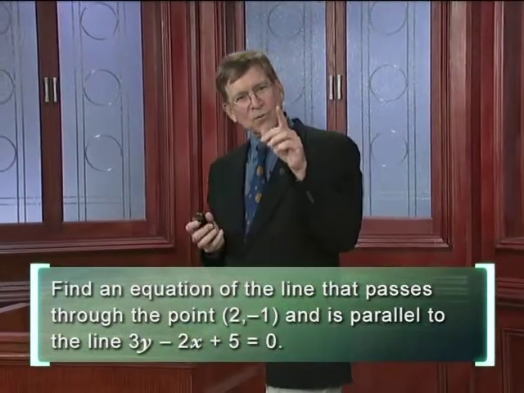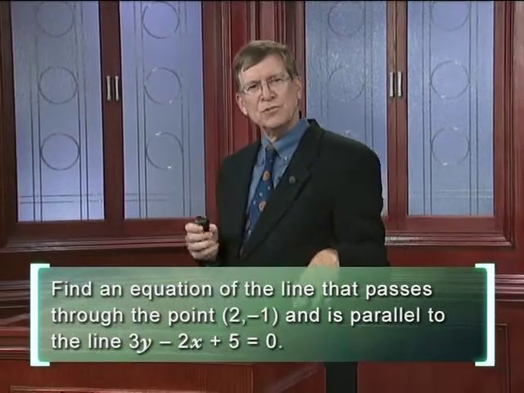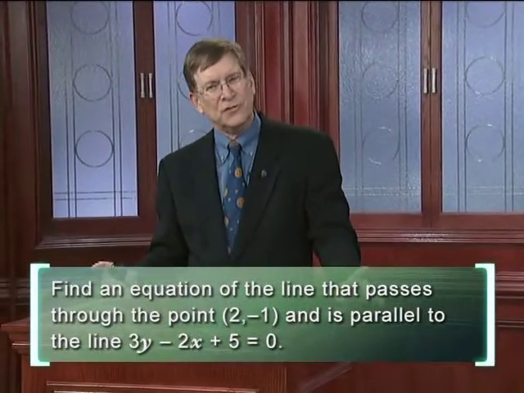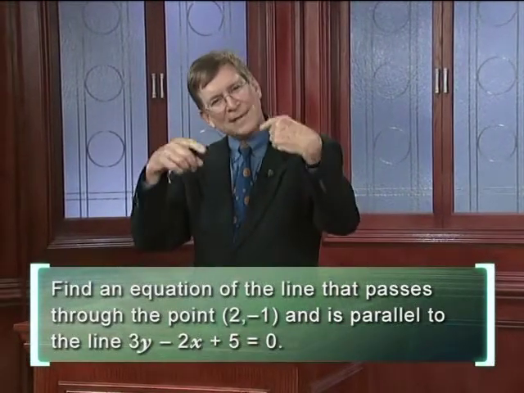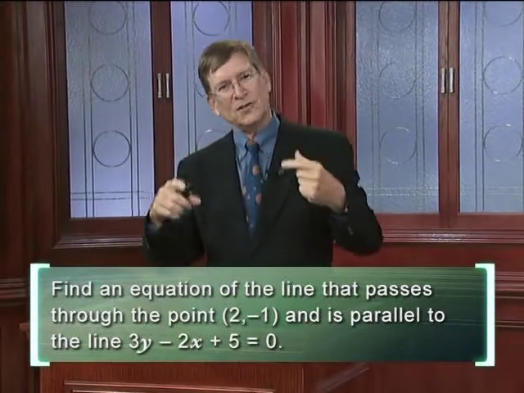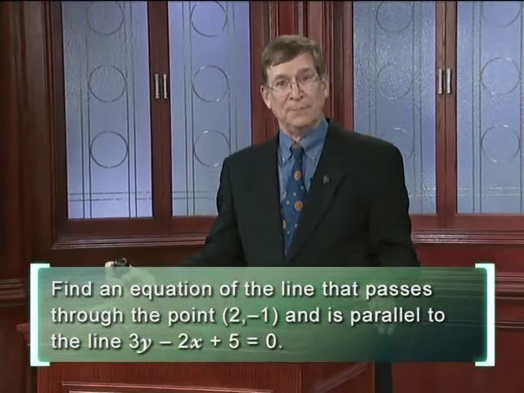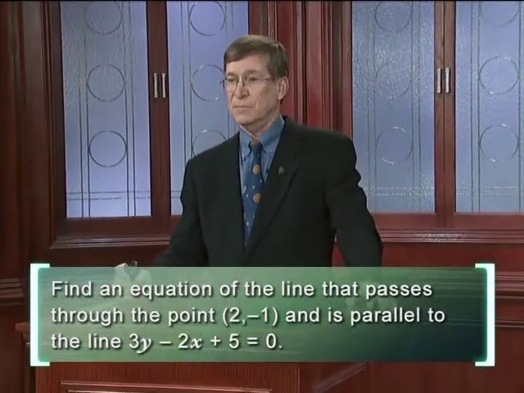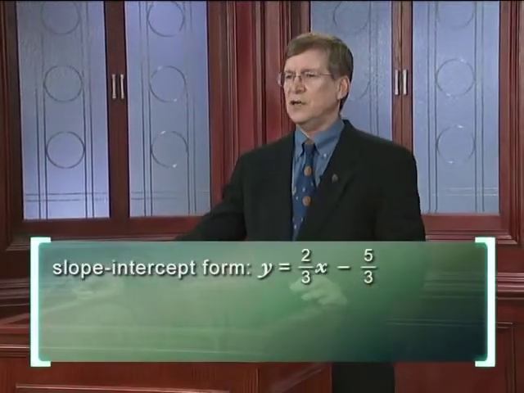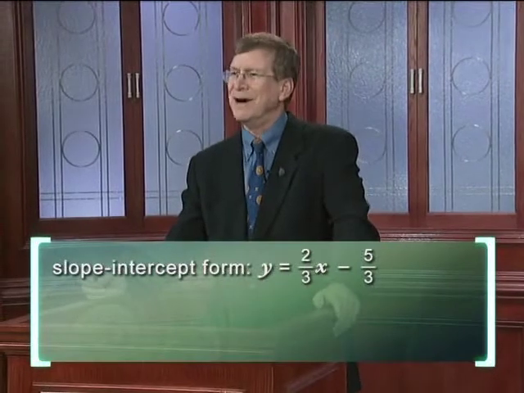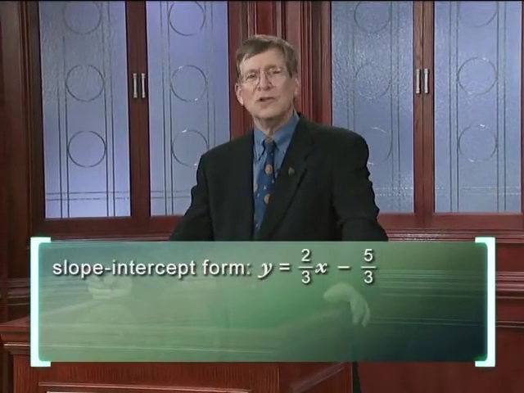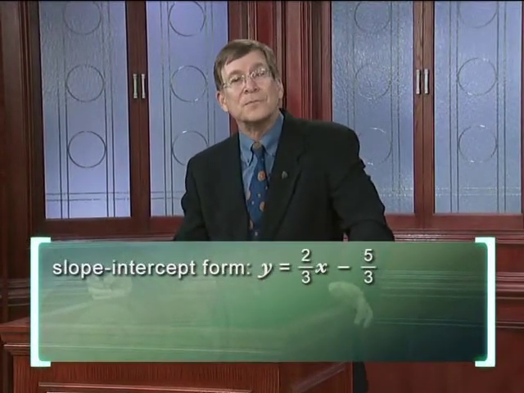The given line was 3y minus 2x plus 5 equals 0, and I can rewrite that into slope-intercept form by doing some algebra, and I get that the equation of the line is y equals 2/3 x minus 5/3. So the slope of that line is 2/3.